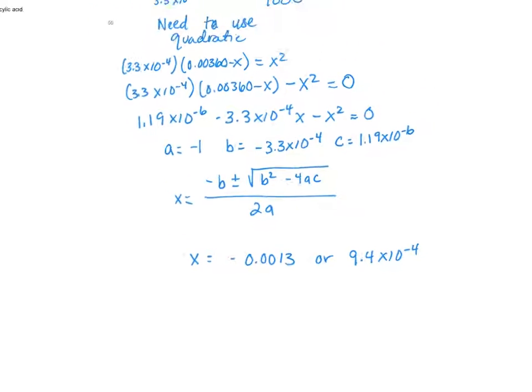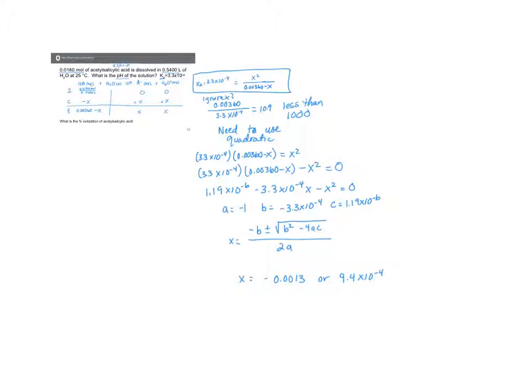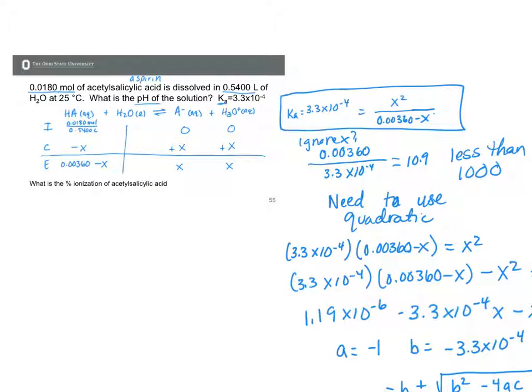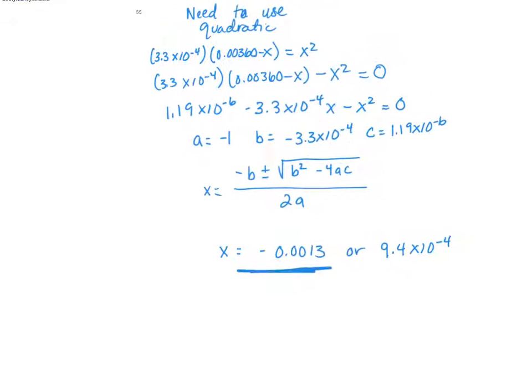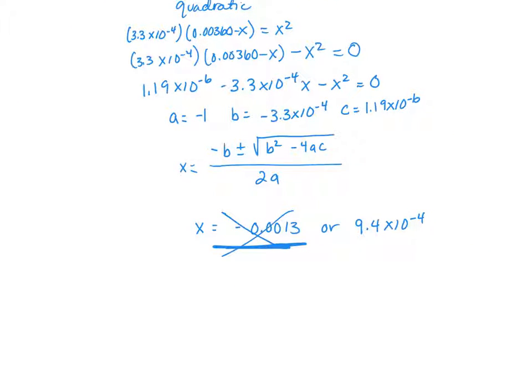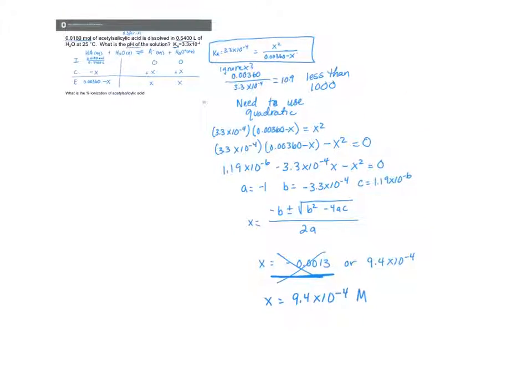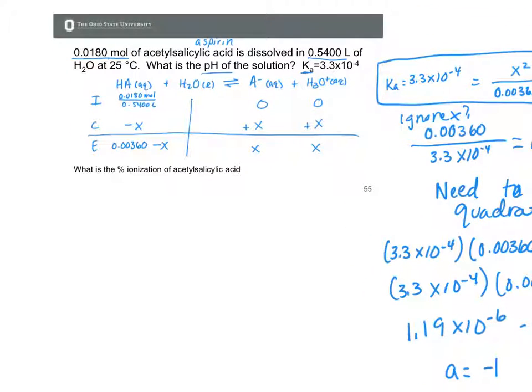If we go back to our ICE table, if x were this negative 0.0013, we would have negative concentrations for A minus and H3O plus. So we know that can't be the value, which means that x is equal to 9.4 times 10 to the minus 4 molar. And that's our concentration of H3O plus and A minus.